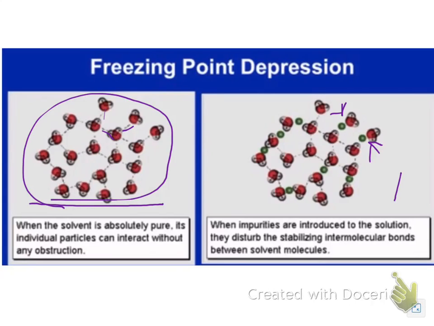And you can imagine when there is something, we can consider it an impurity, anything in the solution, it disturbs that intermolecular attraction between the water, because if I have an ion here, or even a polar substance, it's also going to be attracted to the water, and it's going to disturb this crystal, and you end up having a freezing point lower than what you would expect. So we call it freezing point depression, because if I have a solute in my solvent, the freezing temperature will go down.